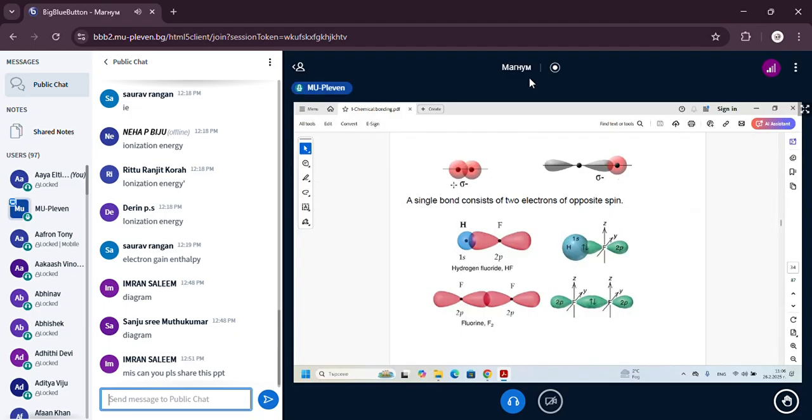Sigma bond between two s atomic orbitals. Sigma bond between p and s atomic orbital, and sigma bond in the molecule of hydrogen fluoride between hydrogen and fluorine, or sigma bond in the molecule of fluorine between 2p atomic orbitals of fluorine.